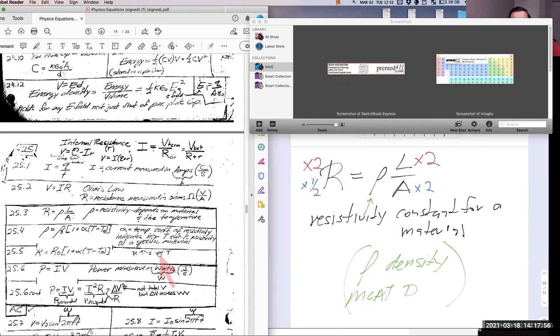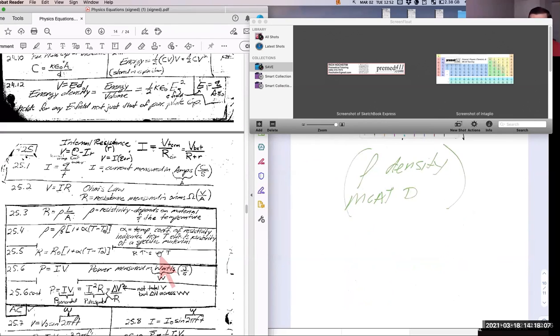Okay, so we've got to a point where it's time to look at power. Now, if you think about what power is, a rate. And anything that's a rate is going to have a number here, and it's going to have time right over here. That's what a rate is.